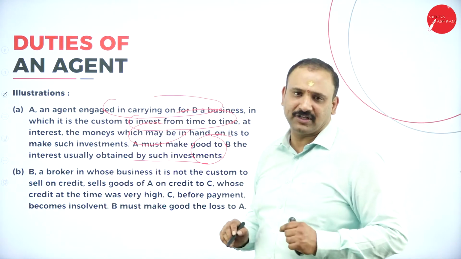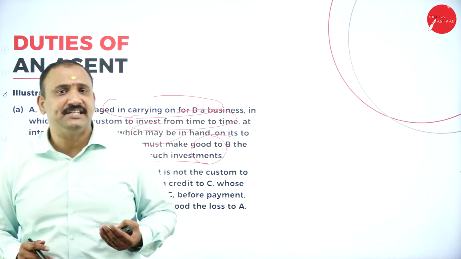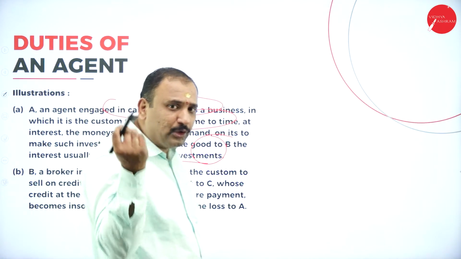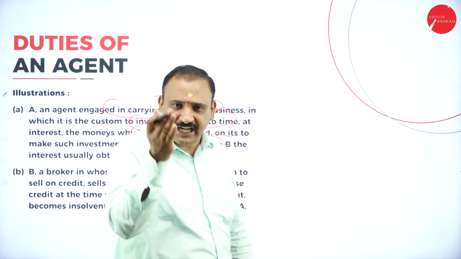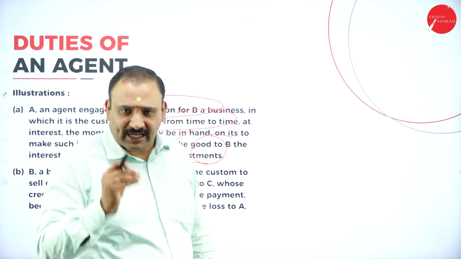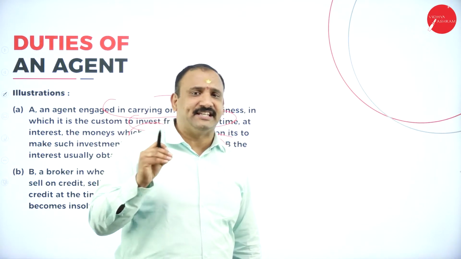Now let's try to understand this with mutual fund agencies or portfolio managers. The portfolio manager here is an agent and you are the principal. So you will tell your agent clearly how to invest the money in various sectors.